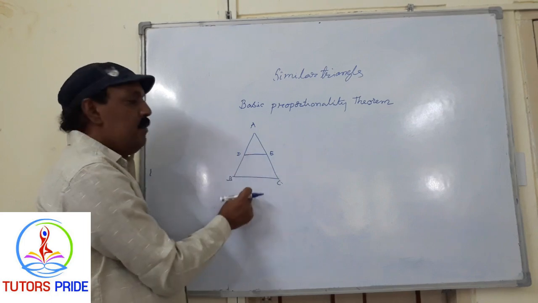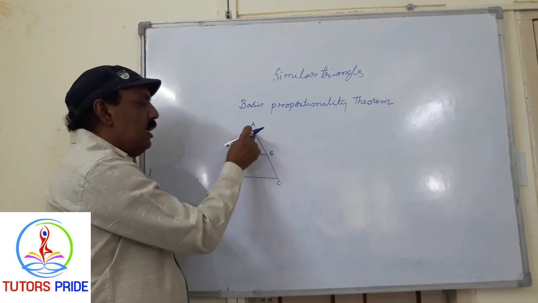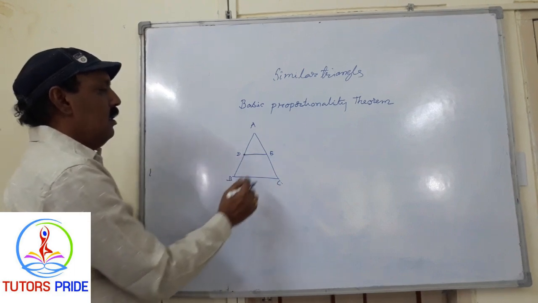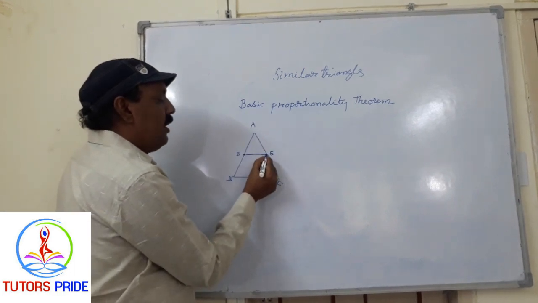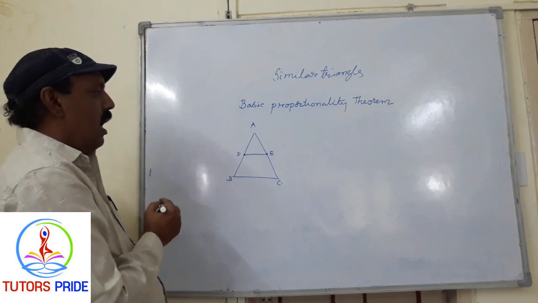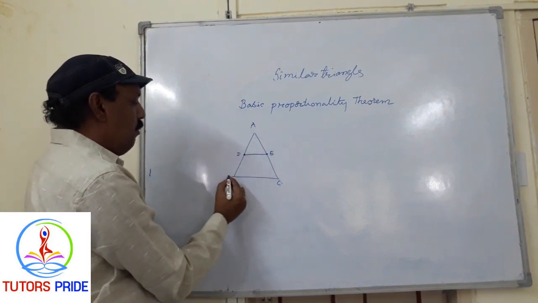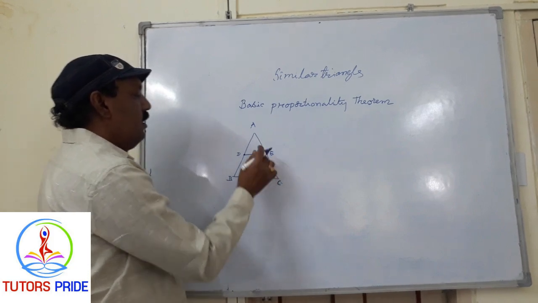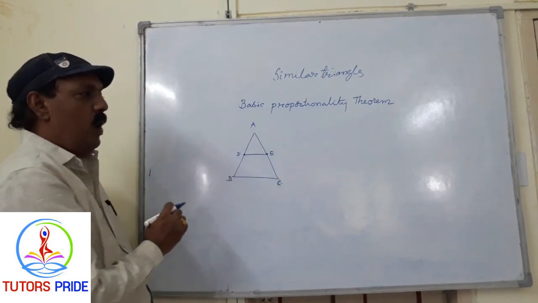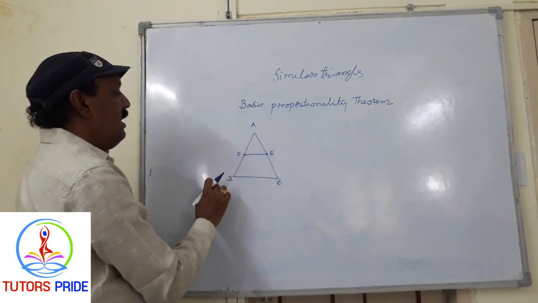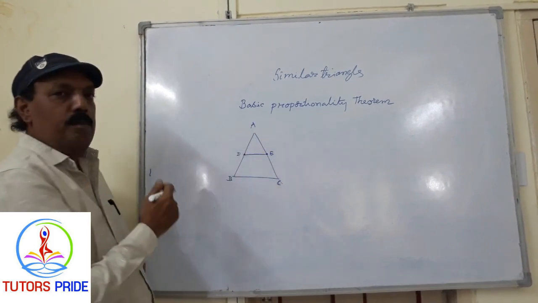In the meantime, this line DE is intersecting AB at the point D and AC at the point E. When it is intersecting the two other lines AB and AC at two distinct points, then the two sides are in the same ratio.